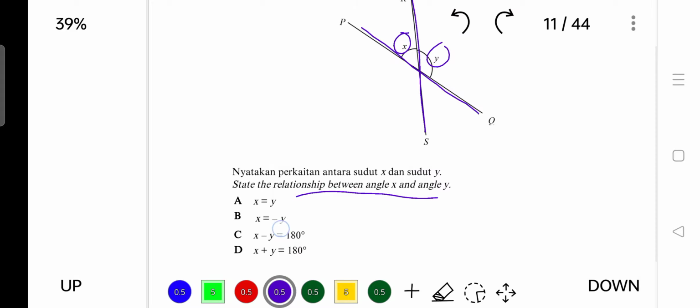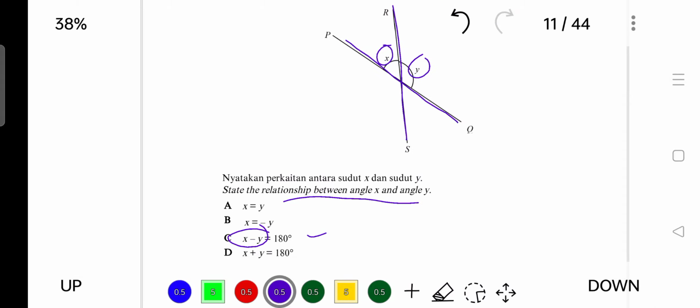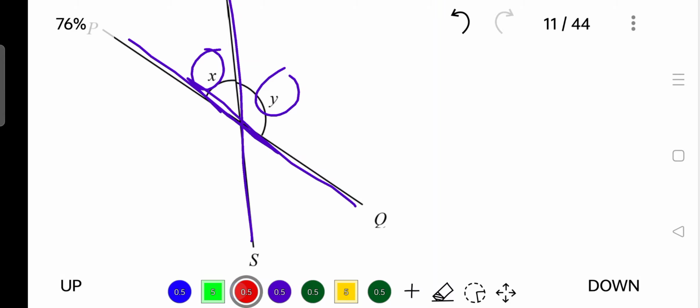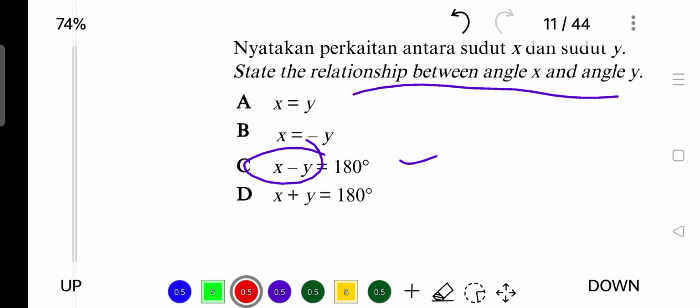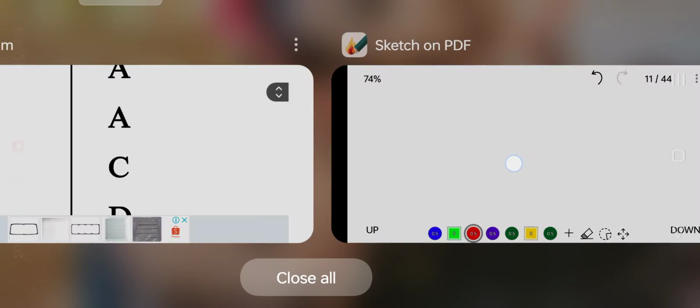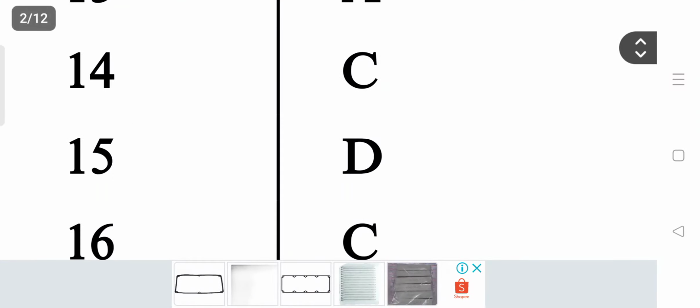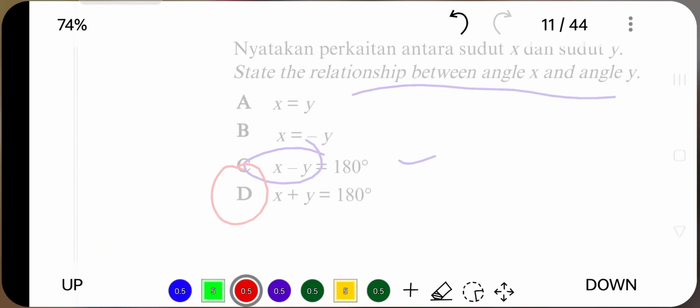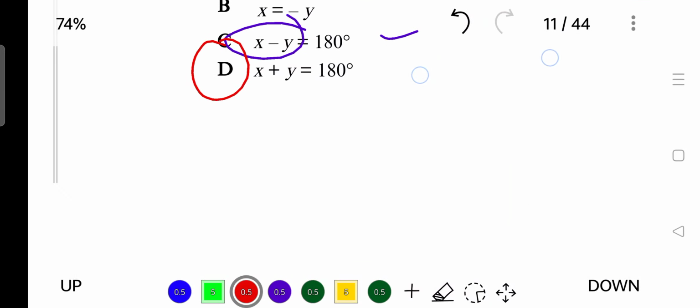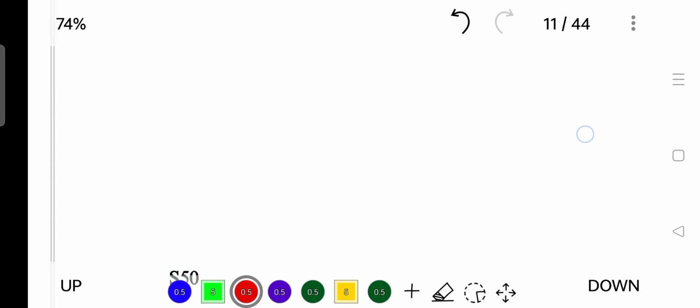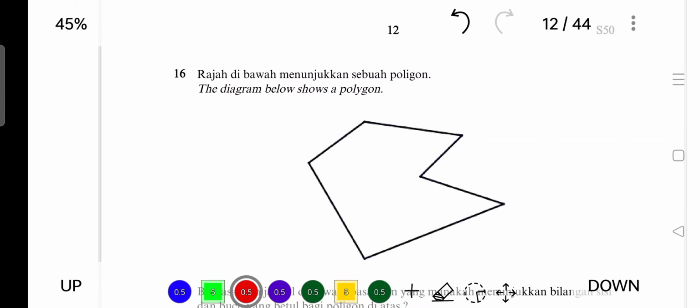Or if you minus y from x, you get 180? Or if you add them together, because it's on a straight line, you get 180. Definitely when you add them together, you get 180. So the answer will be D, right? Quite simple, quite straightforward. If you know the angle on a straight line, you can definitely do this question.